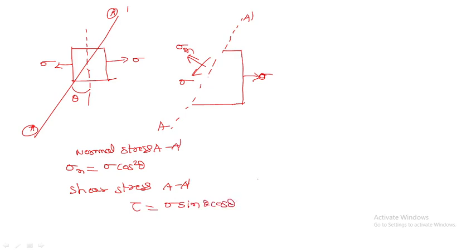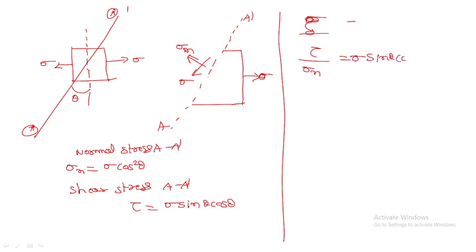After this we can write shear stress divided by normal stress: 2 sine theta cos theta divided by 2 cos square theta is equal to tan theta.